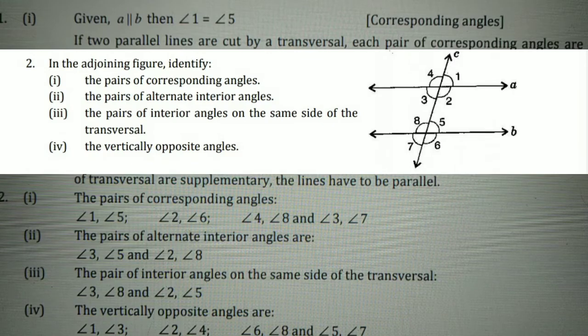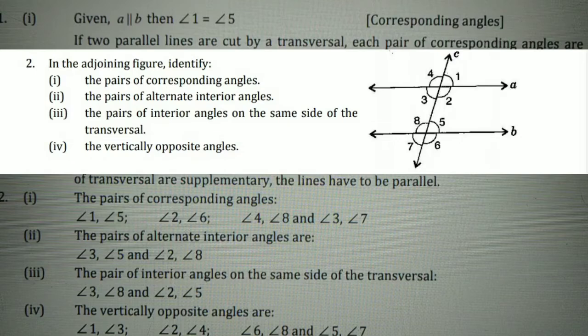These are two pairs which are alternate as well as interior. The next one, pair of interior angles on the same side of the transversal: 3 and 8 are the interior angles on the same side of the transversal line, and 2 and 5 also.